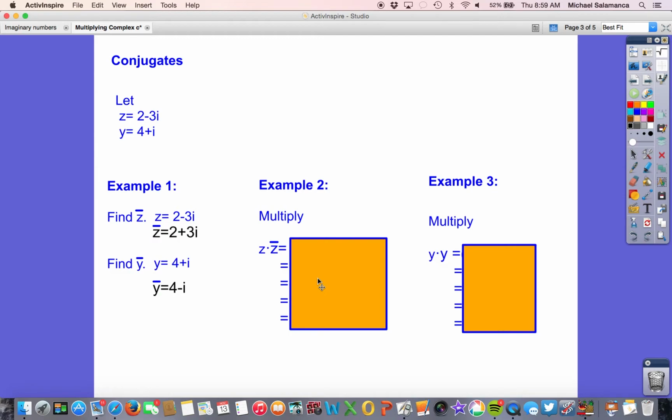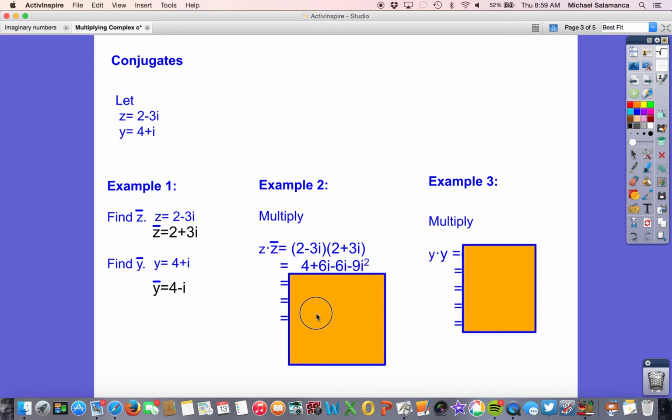Now let's look at an example. If we were to multiply z and its complement, or its conjugate, it would be 2 minus 3i times the quantity 2 plus 3i. If we FOIL that out, that's going to be 2 times 2, 2 times 3i, negative 3i times 2, and negative 3i times positive 3i. We're left with 4 plus 6i minus 6i minus 9i squared.